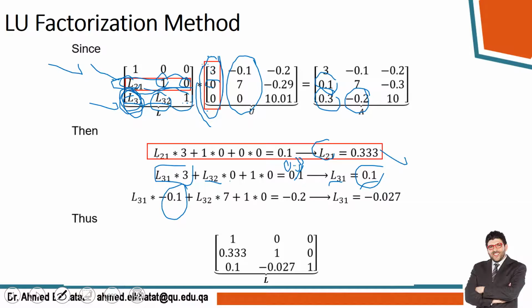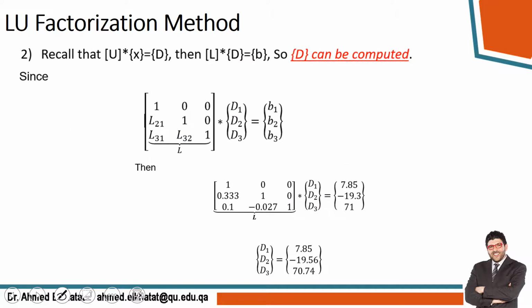Then L32 times 7 plus 1 times 0 equal minus 0.2. By doing this, we can find L33 equal minus 0.027. Then we can put these values in this equation. So by this, we found U and L.